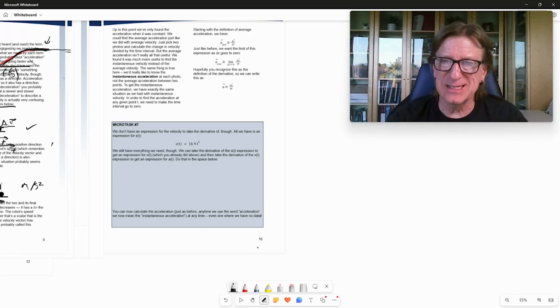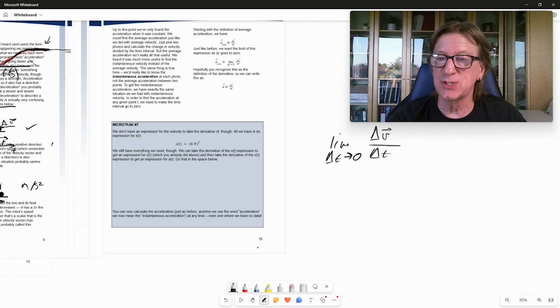Well, the technique is exactly like what we did before. I'm going to take the limit as delta t goes to 0 of my average acceleration expression, which is delta v over delta t. And remember, this means change in velocity divided by change in time.